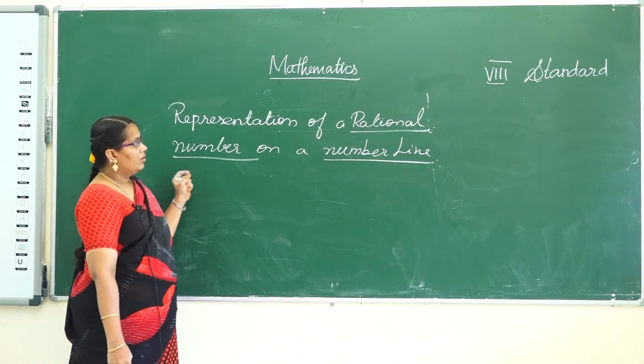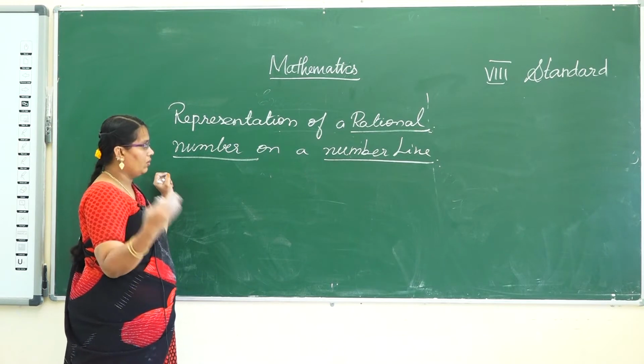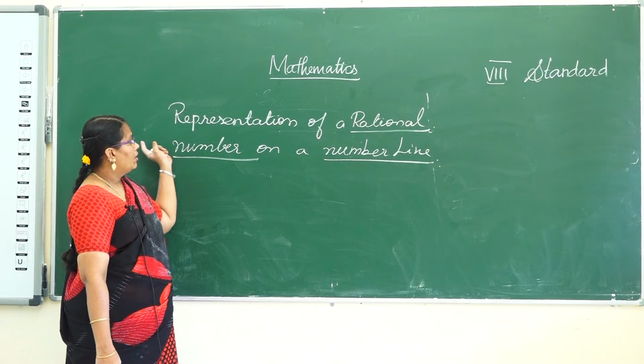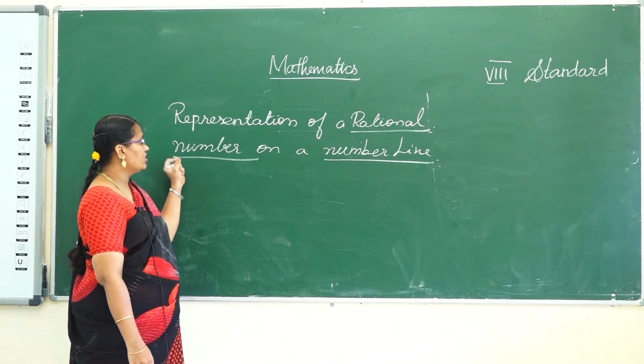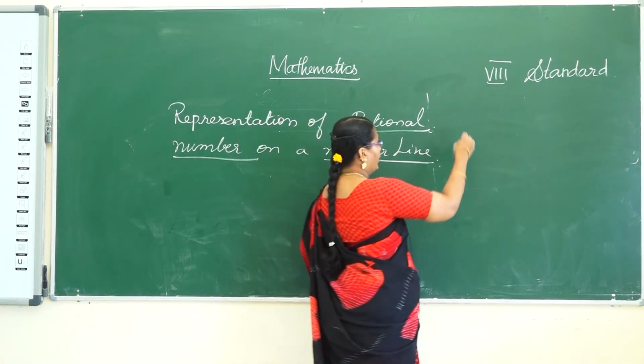Let us see the representation of a rational number on a number line. Here there are three types of fractions, which we already know.